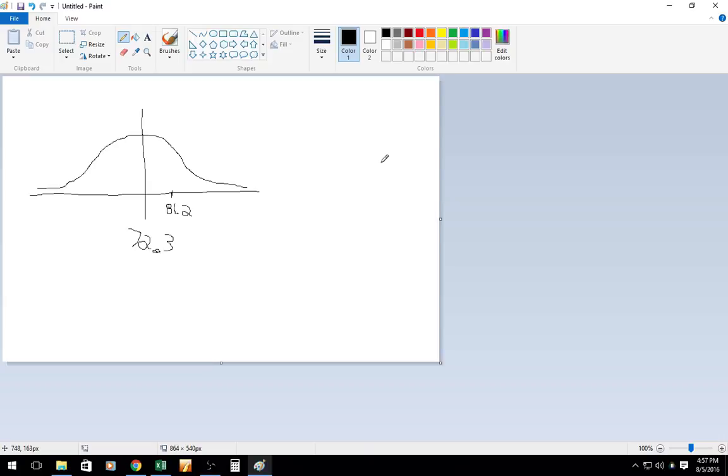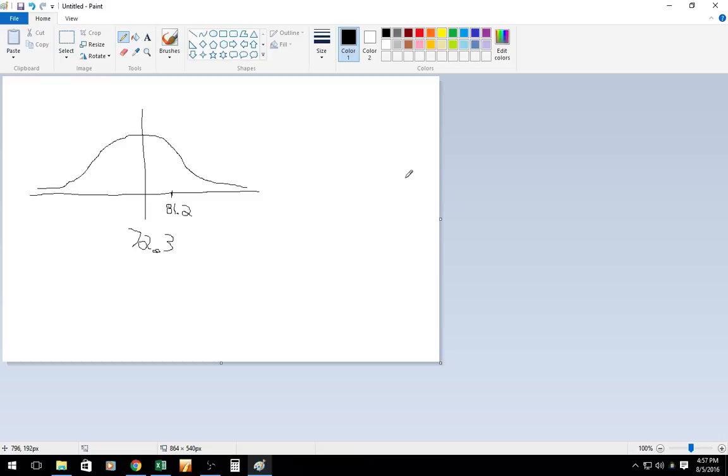Unfortunately, because every distribution is slightly different, with a different mean and a different standard deviation, the tools that we have, namely the Z tables as well as other items, are not going to be as useful unless we standardize every distribution into the same type of distribution.